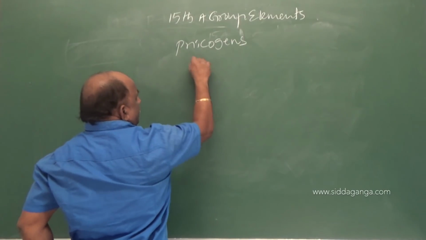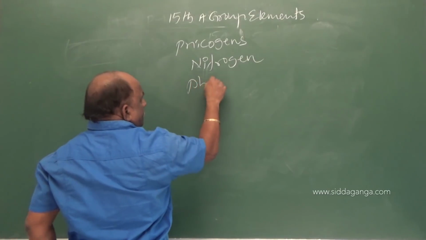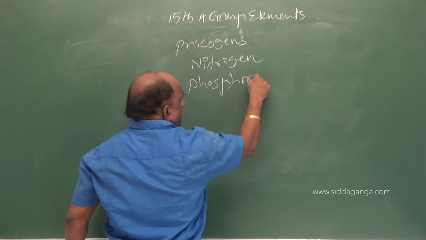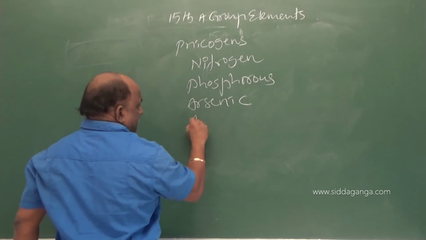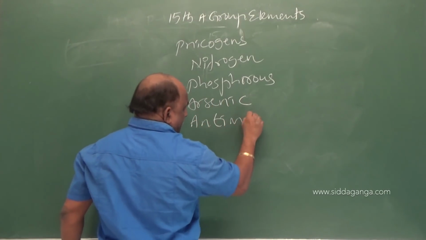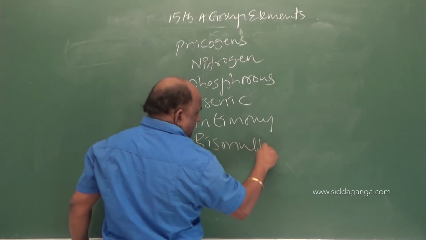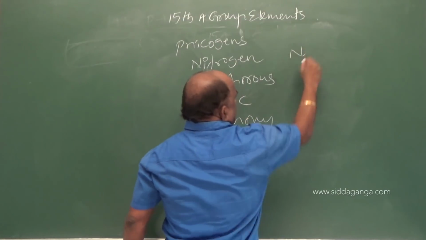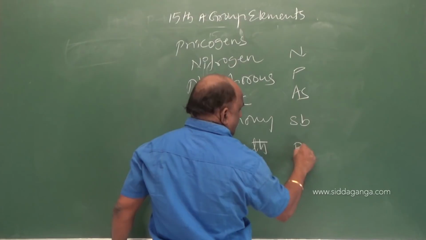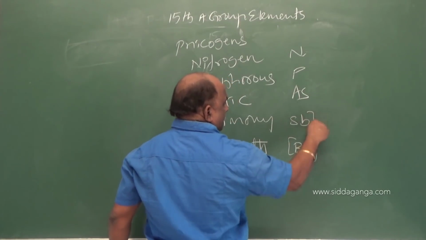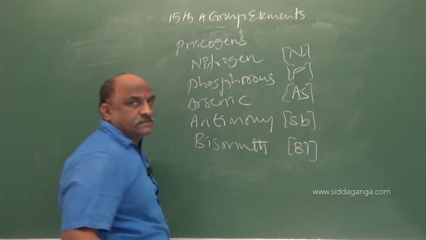Those are nitrogen, phosphorus, arsenic, antimony, bismuth. These are symbolized like this.